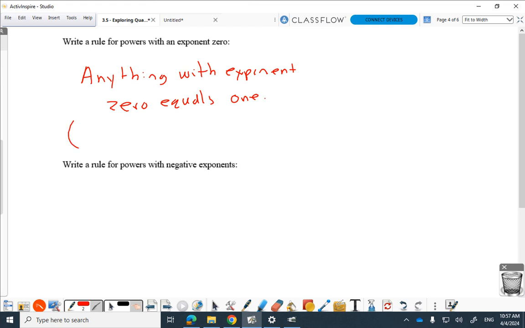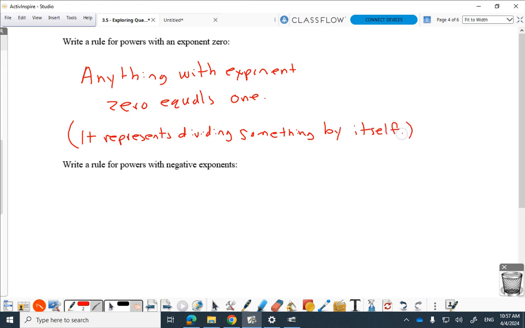It represents dividing something by itself. That's the part to understand, if you really want to understand what's going on here. So let me just write that sentence too. It represents dividing something by itself. That's where 0 exponents come from.